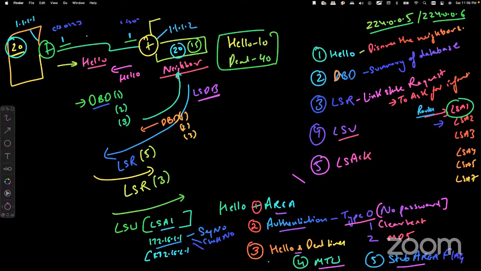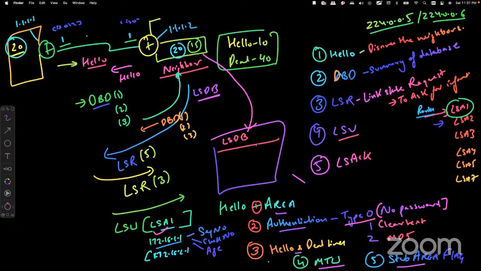It will also have the age, the time, and all this information will be stored in the router's database table. Because all neighbors will share their LSAs, and all these LSAs will be stored in my link state database, including the 172 networks we are getting.